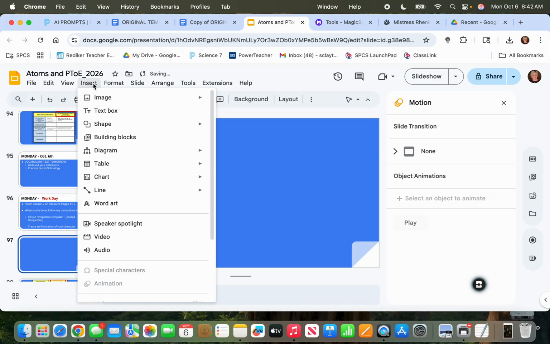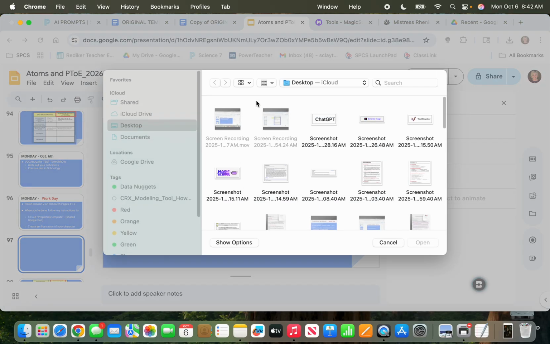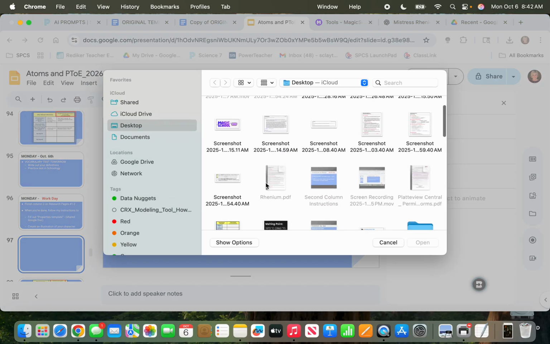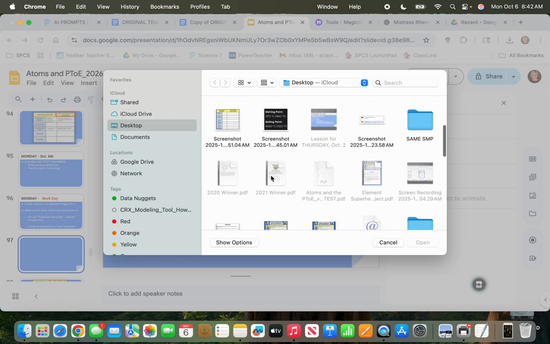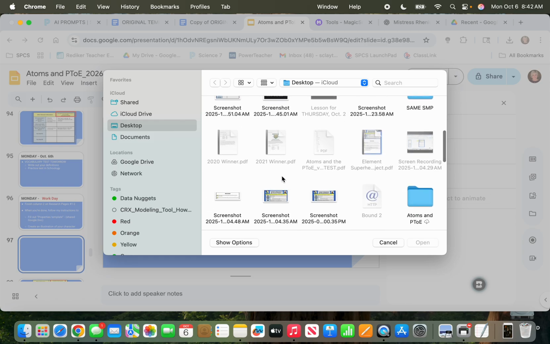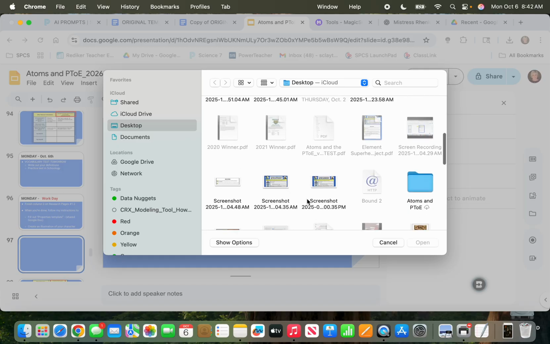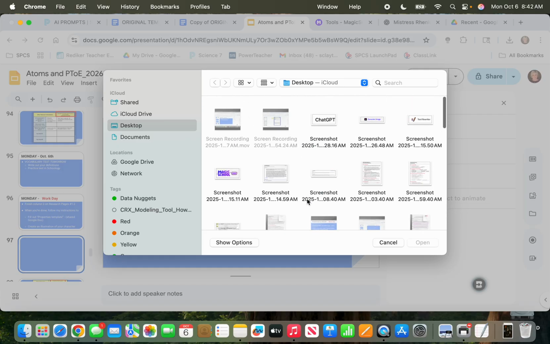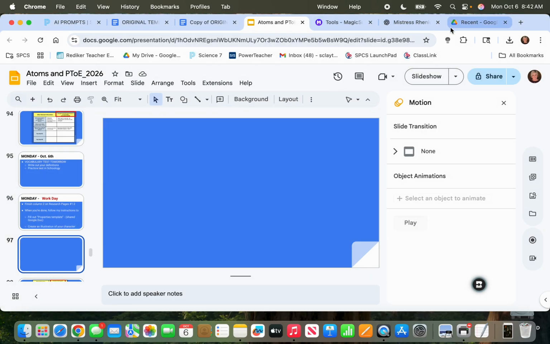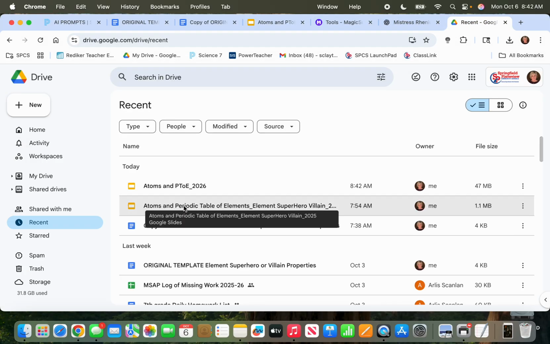Okay, and then I'm going to insert my image because I took a picture of it. I thought I took a picture of it. I did. Didn't I? Oh, I'm wasting your time. I'm so sorry. All right, I'm going to go back here and show you.